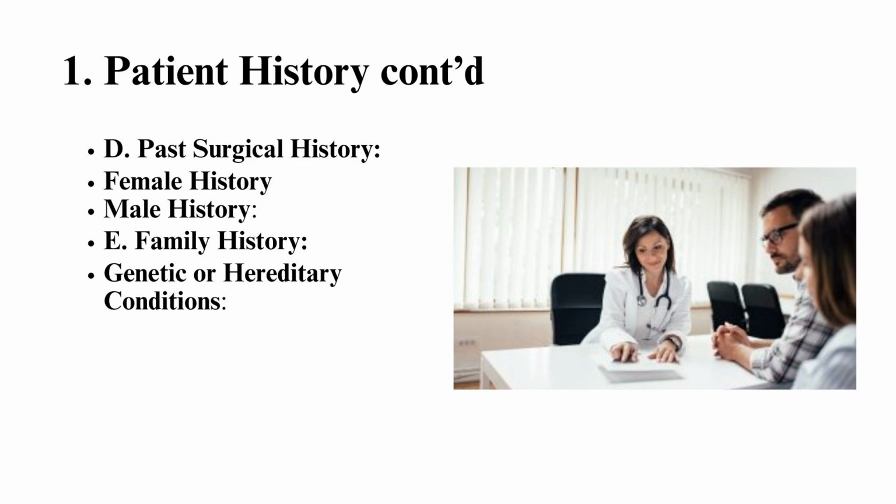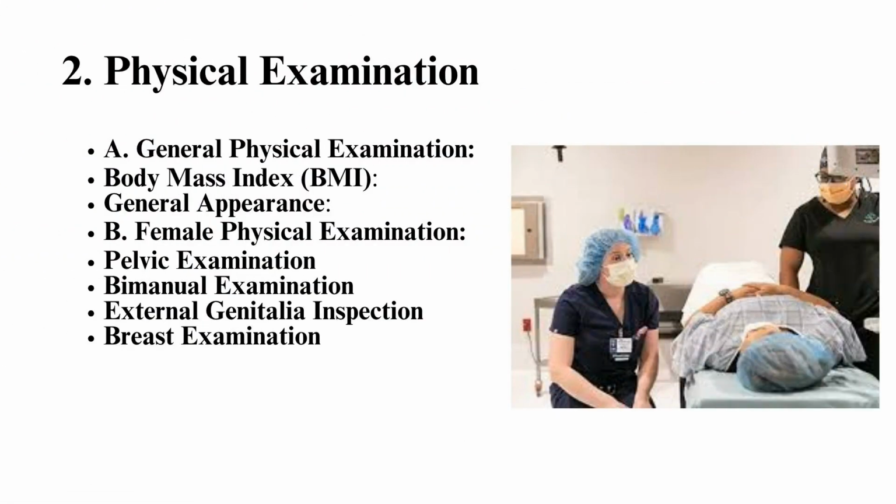Family history, genetic or hereditary conditions: any known genetic disorders in the family, such as Turner syndrome, Klinefelter syndrome, or cystic fibrosis, can play a role in infertility.